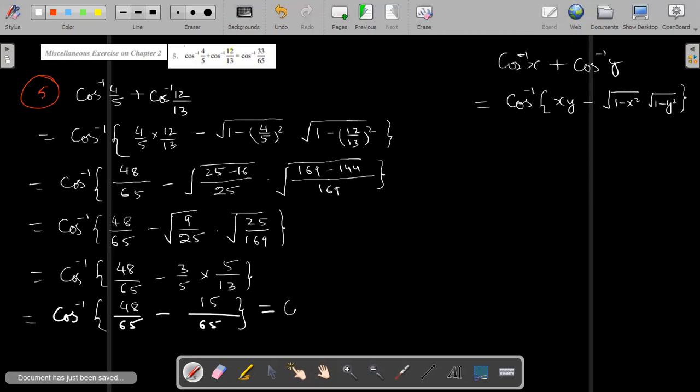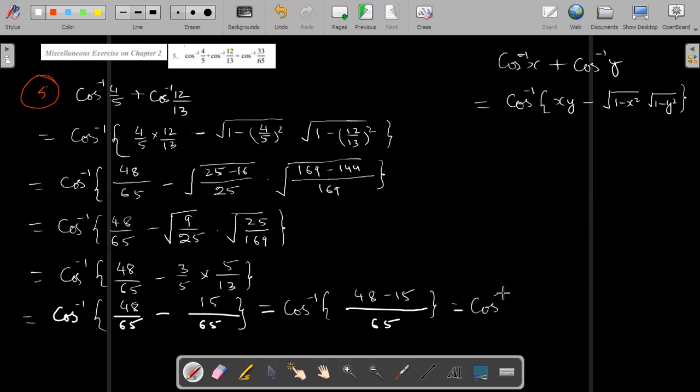Okay. Now you can write directly 65 as the LCM. So 48 minus 15 is equal to 33. Cos inverse 33 by 65. Okay, 33 by 65. That is equal to right hand side.